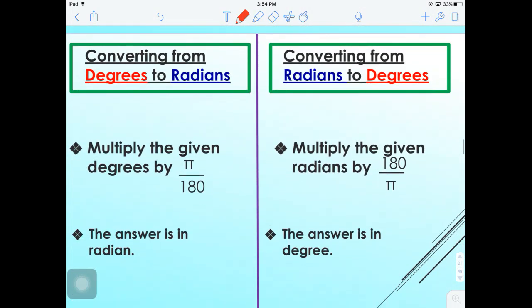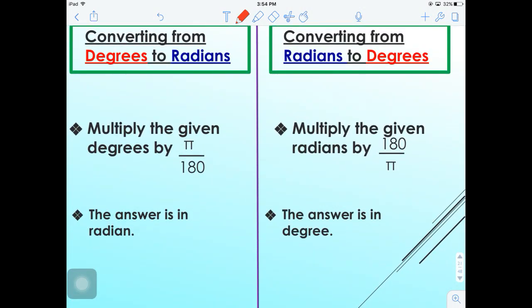To convert from degrees to radians, we multiply the degrees by pi over 180. And vice versa, to convert from radians to degrees, we multiply the radians by 180 over pi. We will show you how to do that in examples right now.